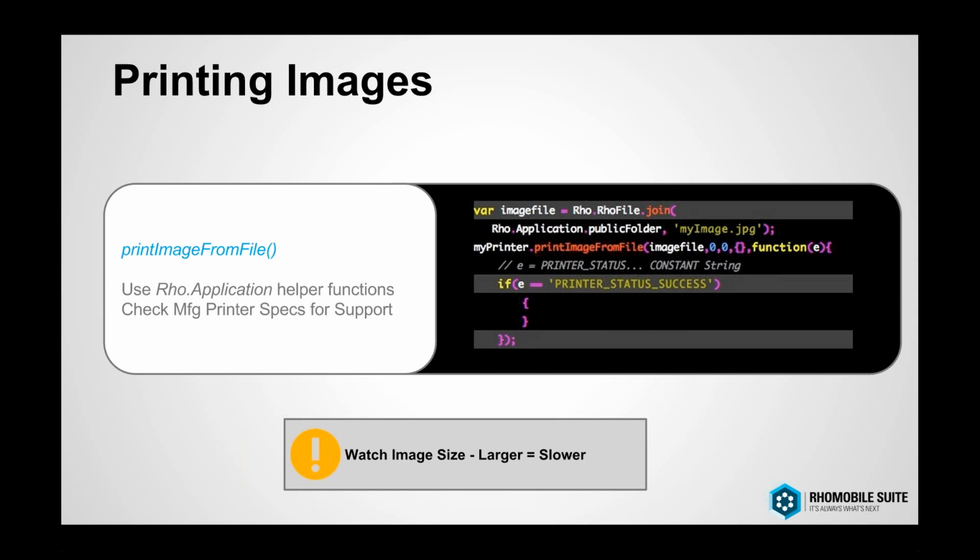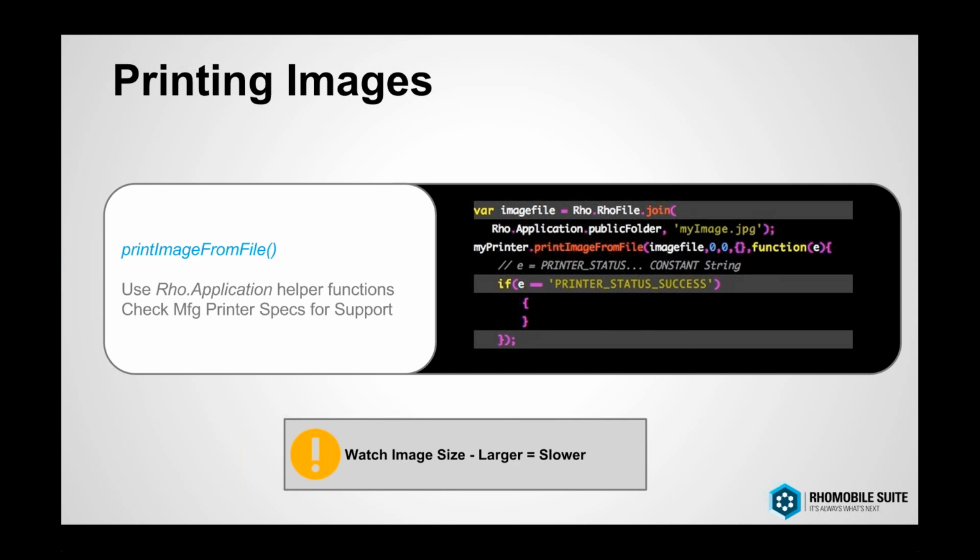One other feature that we support is printing images. Okay, so this is kind of useful. Maybe you want to use our APIs for capturing an image, or maybe picking from the picture gallery, and you want to print a badge with a barcode, whatever. So here's a nice way for easily printing images.